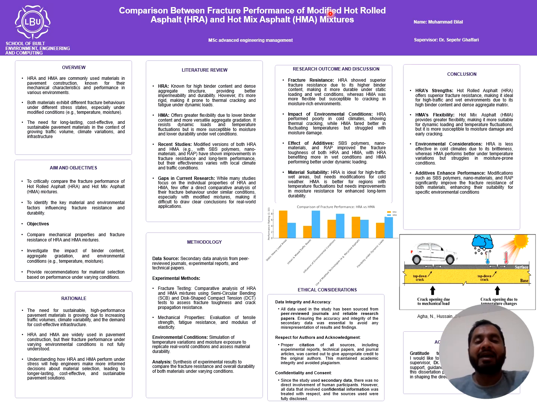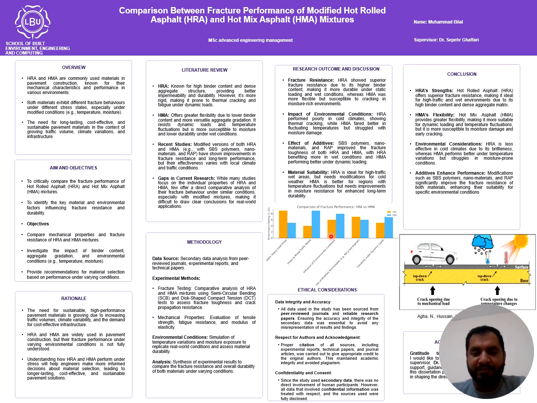Environmental conditions heavily influence fracture performance, especially moisture and freeze-thaw cycles. Adding recycled asphalt and warm mix technologies can improve sustainability without reducing durability. Neither HRA nor HMA is better overall. Performance depends on climate, traffic, and material design.